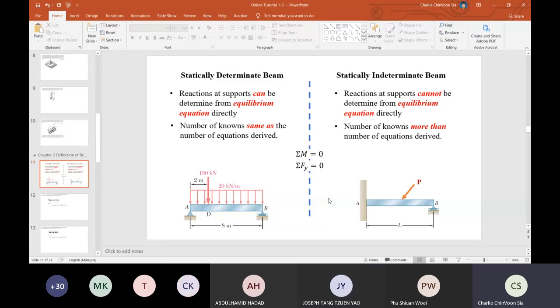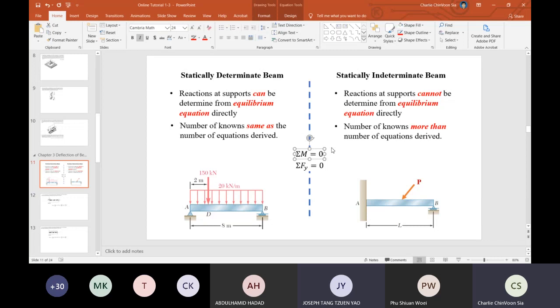So I will have 3 equations. Will I be able to determine all the reactions? No, right?